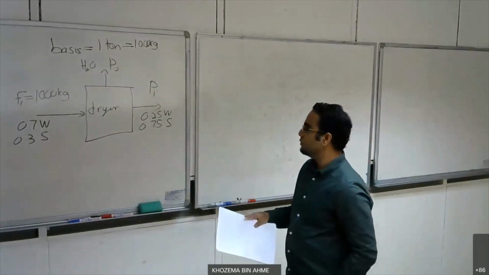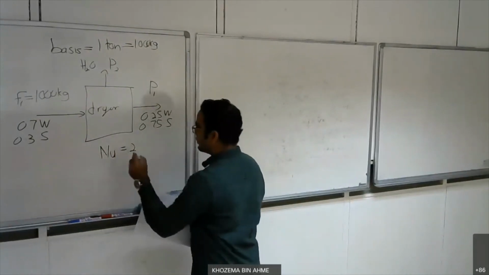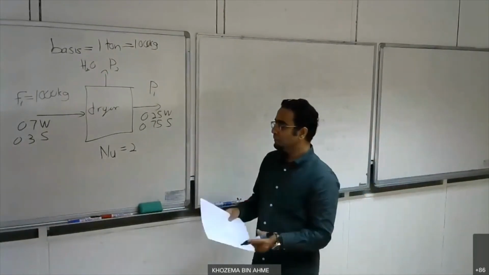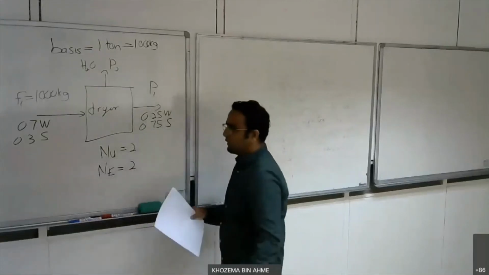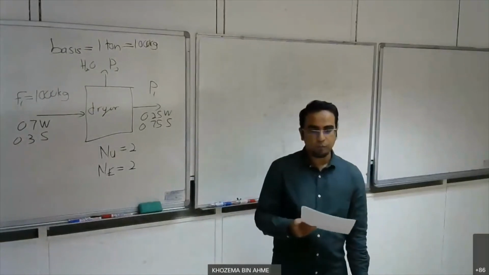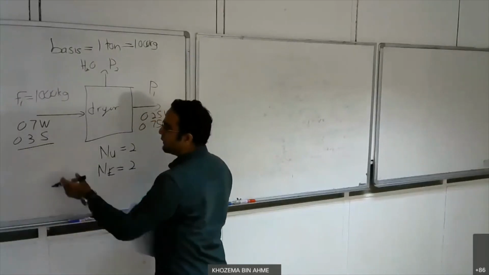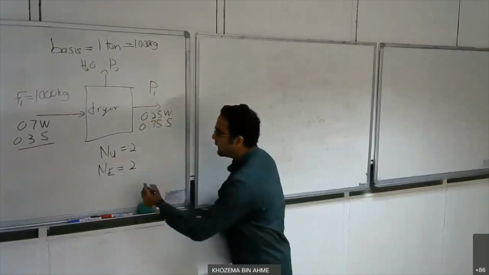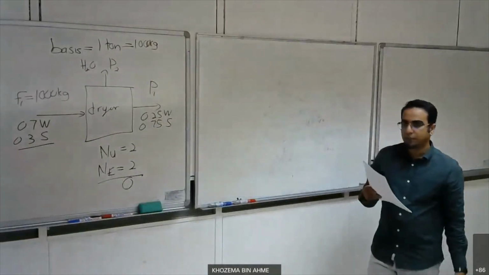Number of unknowns is 2, so NU is equal to 2. Number of independent equations? 2 as well. How did you come up with 2? 2 species, water and solid. So you have 2 species in your system, and you can see that our degree of freedom is equal to 0. So this question can be solved.